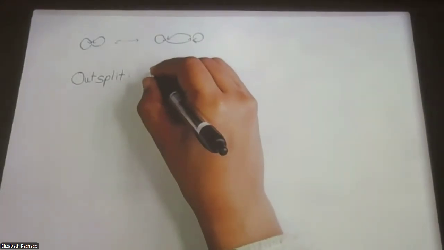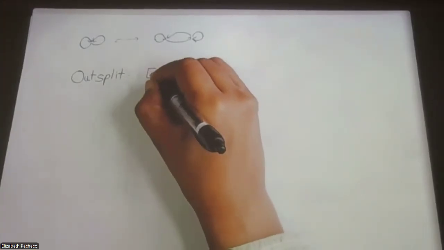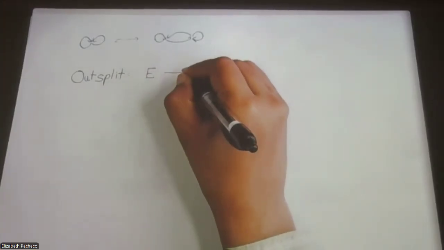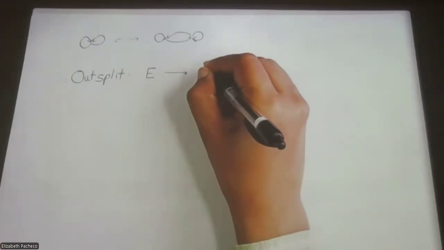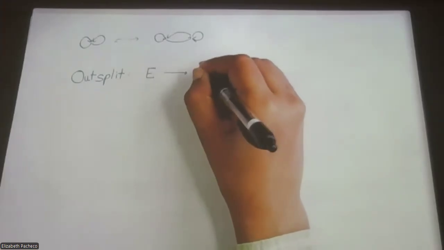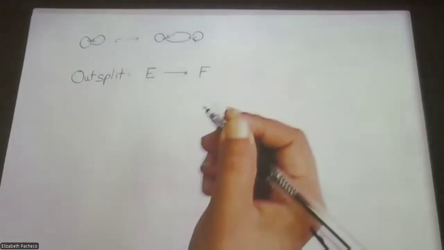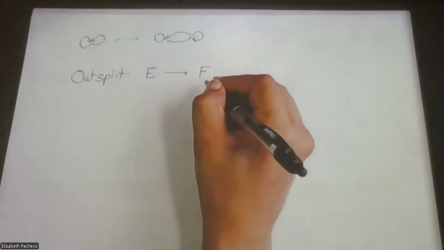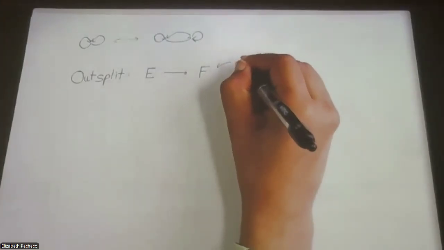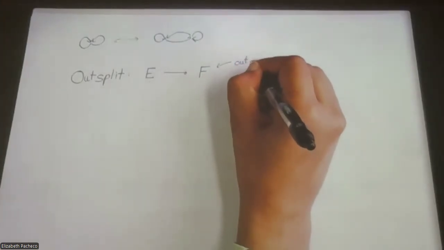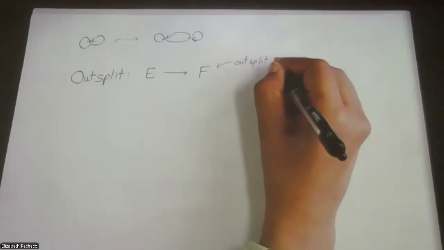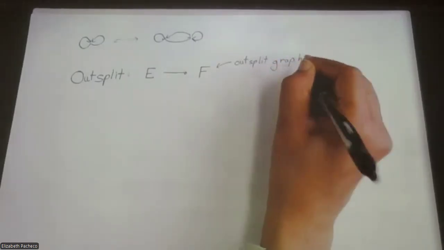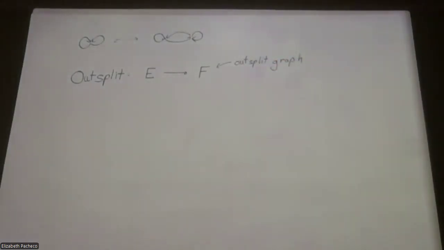So let's say you have E and you're translating it into, let's change the letter, F. Okay, so you have your original graph, and this is the outsplit graph.